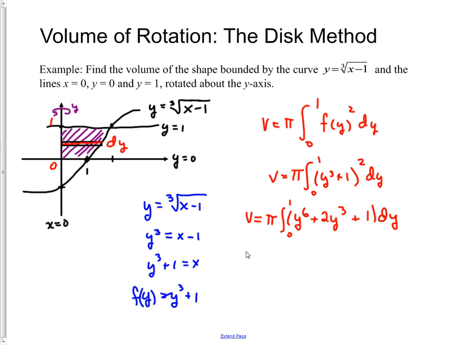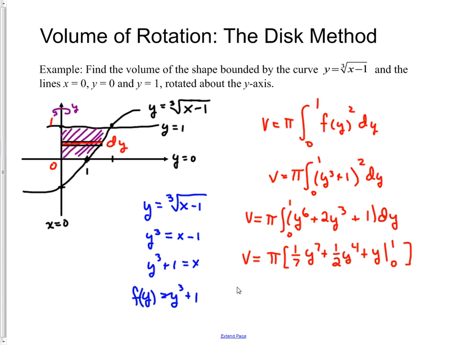And so we take our integral of each of the terms one by one. We're going to have a volume equal to pi times the quantity 1/7 y to the 7th plus 1/2 y to the 4th plus y evaluated from 0 to 1.